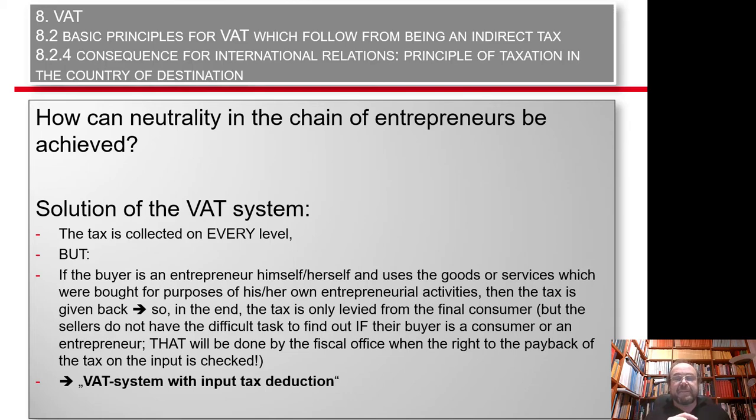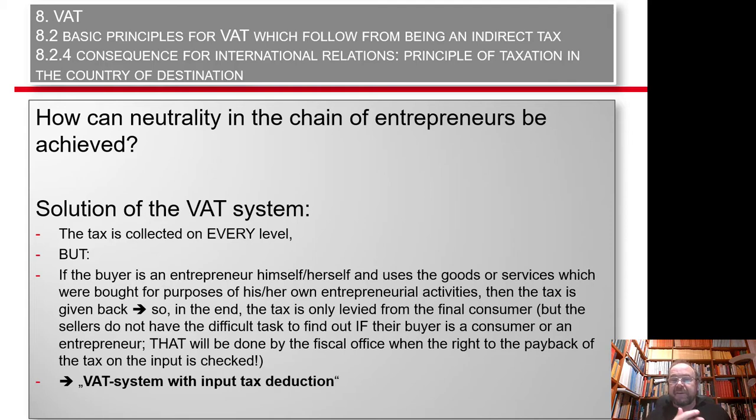And if the customer is a business customer, the fiscal office gives back the VAT in the price to that business customer, so that between business 1 and business 2, or between supplier A and B, the VAT cost effect is removed by the refunding of the VAT.